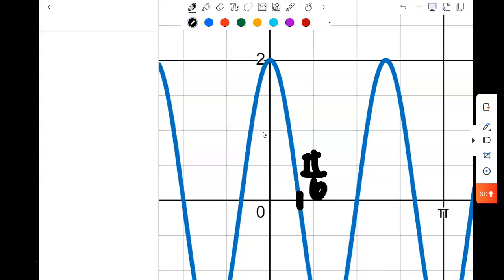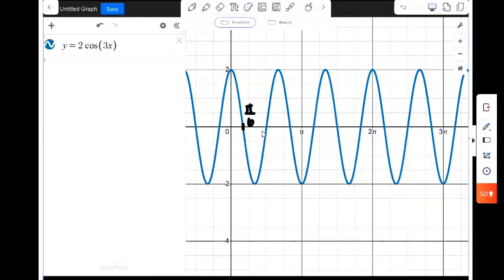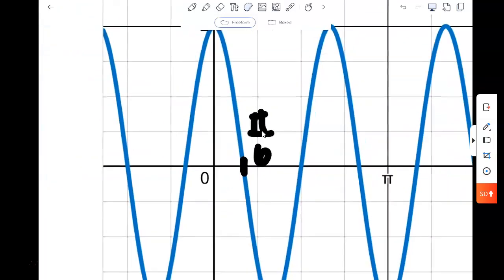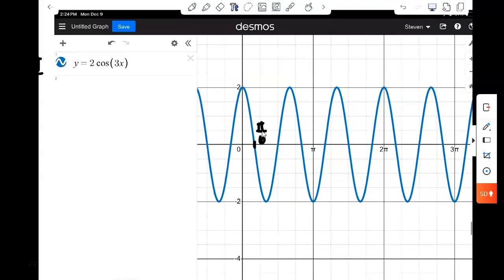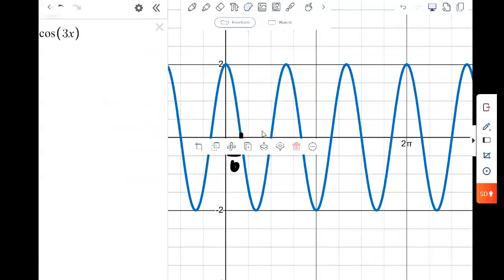So the next point of interest will happen halfway in between, at pi over 3. So let me do a little bit of drawing here. There's my pi over 6. Again, the next point.